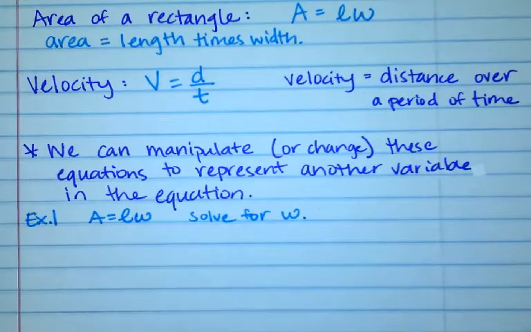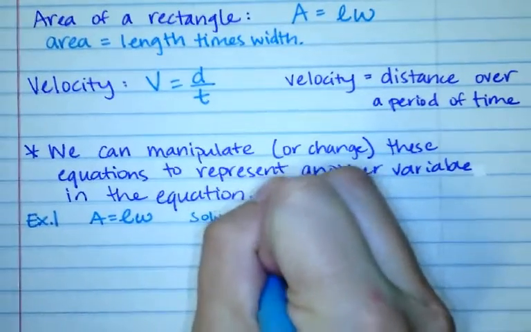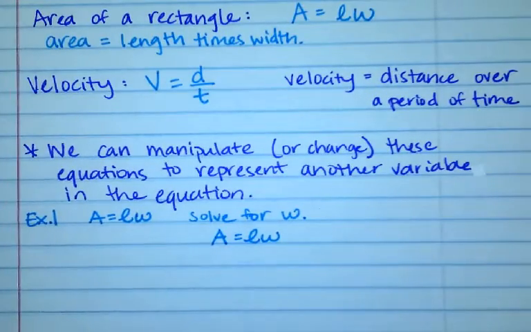Do we have W equals right now? We don't. So what we do is take our equation, area equals length times width, and solve it for W.